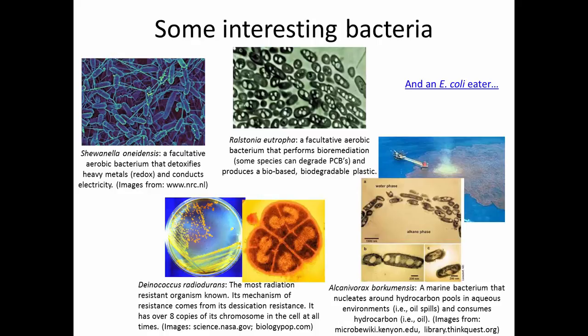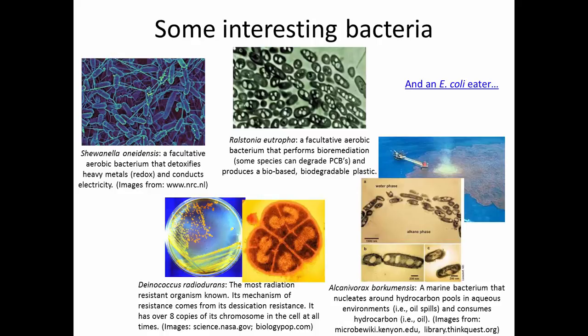There's a bacterium called Shewanella oneidensis, which was found in Lake Oneida in New York. It's a facultative anaerobic bacterium, more about what that means in a bit, that can detoxify heavy metals and conduct electricity. Ralstonia eutropha is a bacterium I care about a lot. It can perform bioremediation.